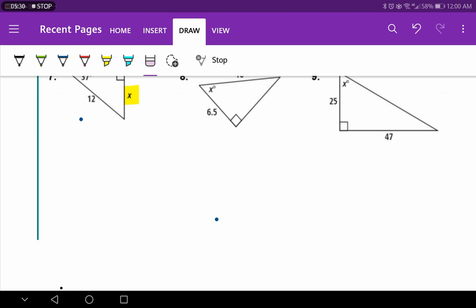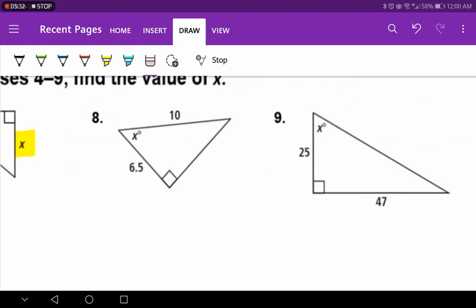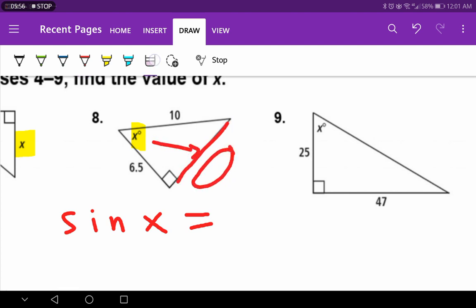Nice. Now, how can we find the angle here? It is very easy. Now you call the sine, for example sine x, and you know the sine x equals the opposite, but actually I don't have anything here, so I will say to the sine x, goodbye, I don't need you.